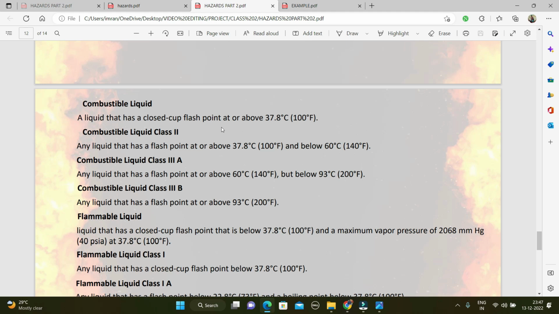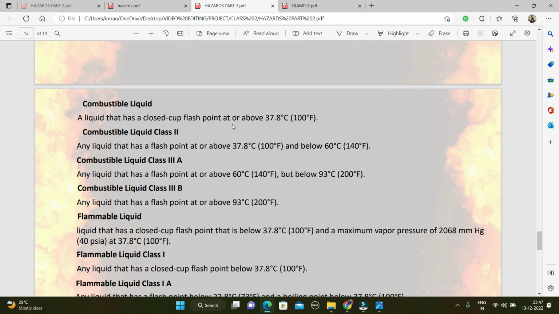So we can say in simple language that a liquid with a low flash point will ignite very fast, and if the flash point is higher, that material will not ignite as fast compared to a low flash point.